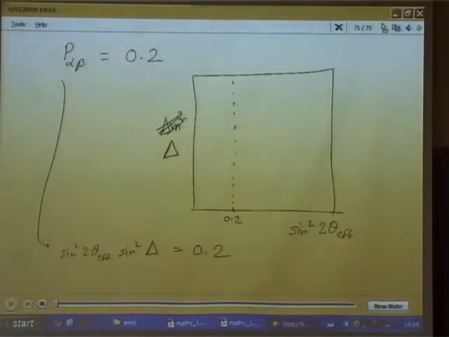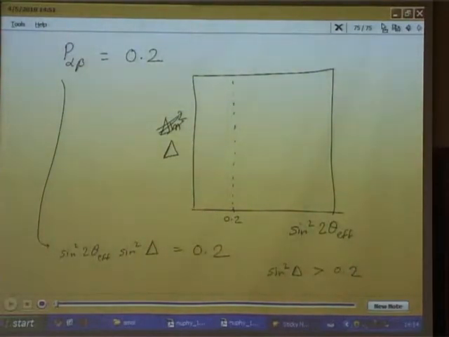Now, look at the following. If delta is very small, okay, so let's say sin square delta is small, then sin square theta should also be greater than that. Do you agree with this?